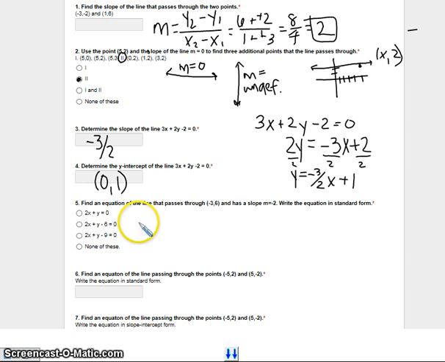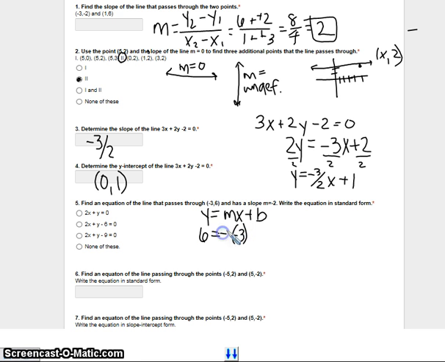For 5, find an equation of the line that passes through negative 3, 6 and has a slope equal to negative 2. Write the equation in standard form. So I'm going to do kind of like what I did for the warm-up today, where I have my slope-intercept form. I plug my x and y values in for x and y.